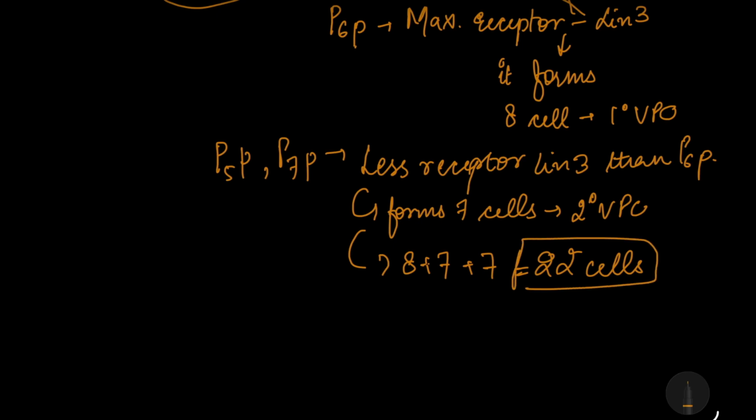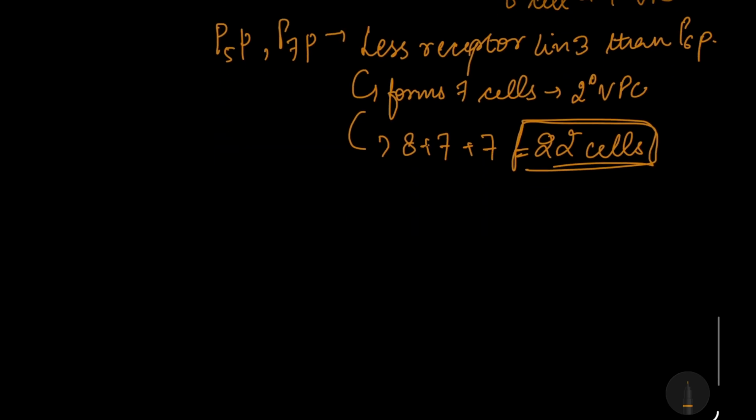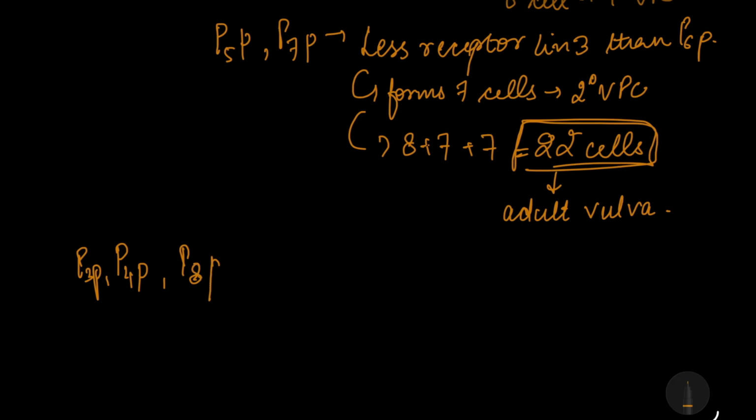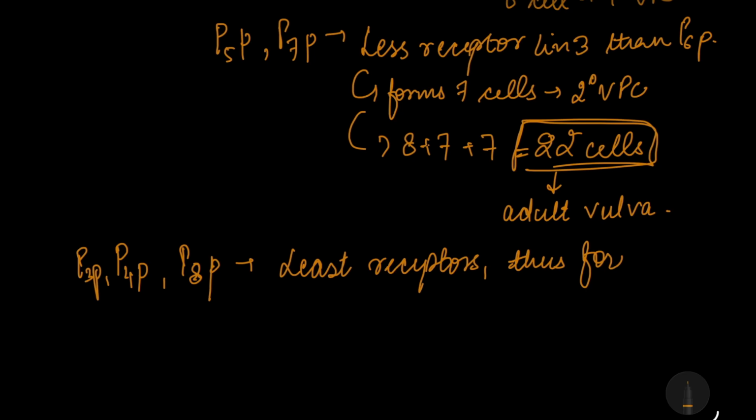These cells help in the formation of adult vulva, right? And then we have P4P, P3P and P8P. These cells have the least receptors, thus forming hypodermis, right?